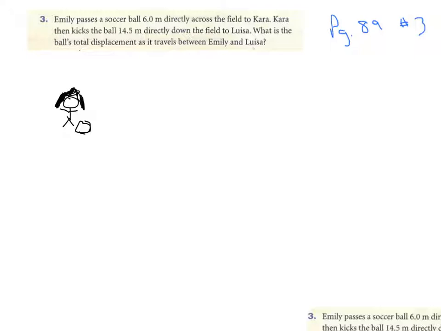Actually, just for us to practice, I'm going to put coordinates here. So she kicks the ball 6 meters across the field to her friend Kara, who is here, and Kara is a ginger, so she has hair like this, right?